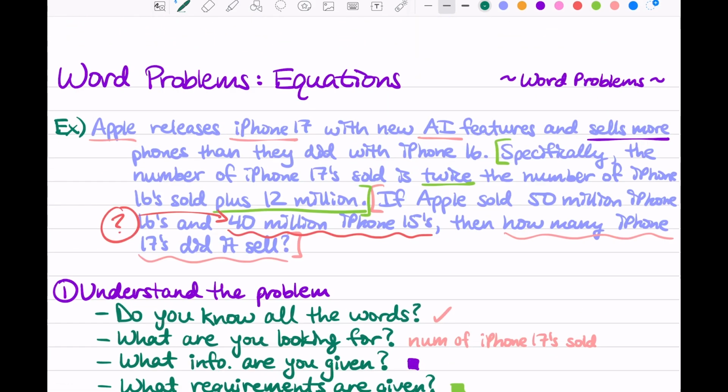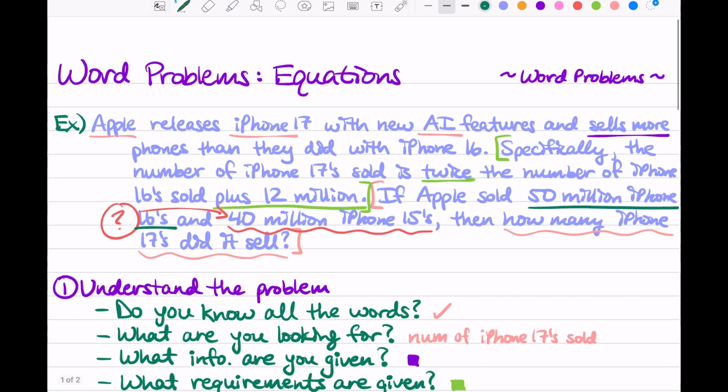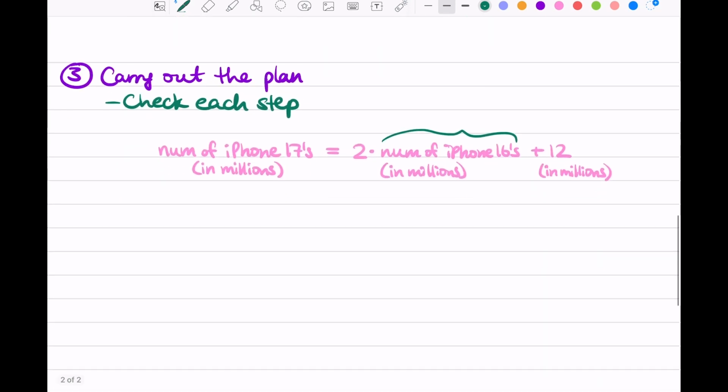And looking at that last sentence, we see that Apple sold 50 million iPhone 16s. Since we're talking about millions of phones in this equation, we can just put 50. Let's simplify this equation. We have the number of iPhone 17s sold is equal to 2 times 50 plus 12.